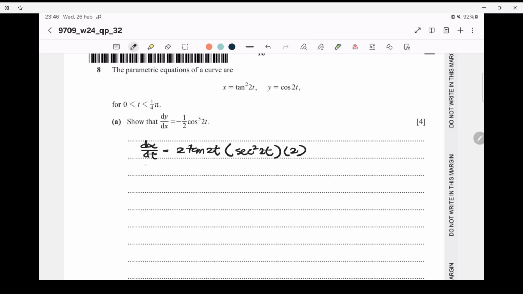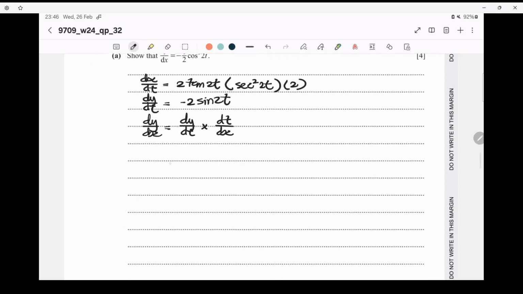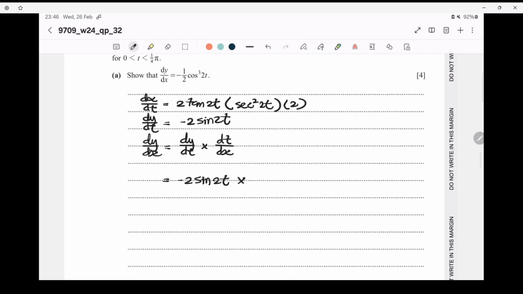So the other one is to differentiate y in terms of t. You will have minus 2 sine 2t. So what is dy/dx? dy/dx will be dy/dt times dt/dx. So this will be minus 2 sine 2t multiplied with 4.